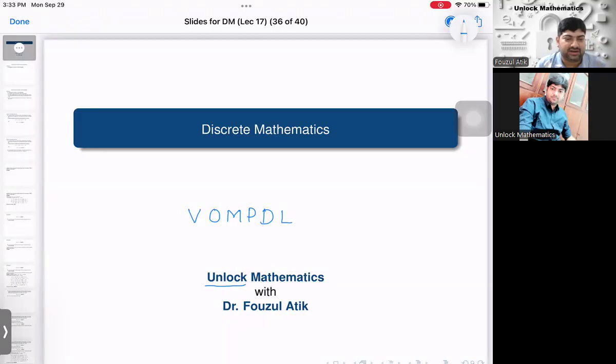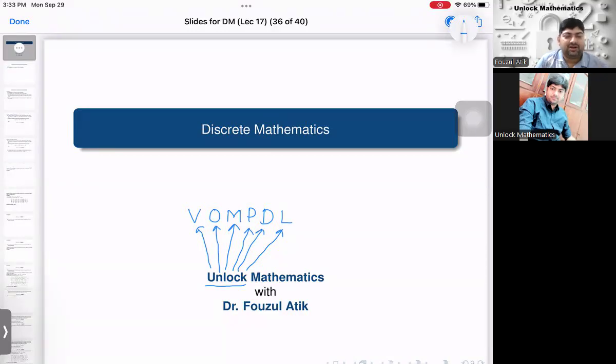I just shifted each letter by one. U became V. N, after N it is O. L became M. O became P. C became D. And K became L. So I just shifted each alphabet by one. Correct? So I encrypted it. Now you can easily see that I have written unlock in an encrypted way.